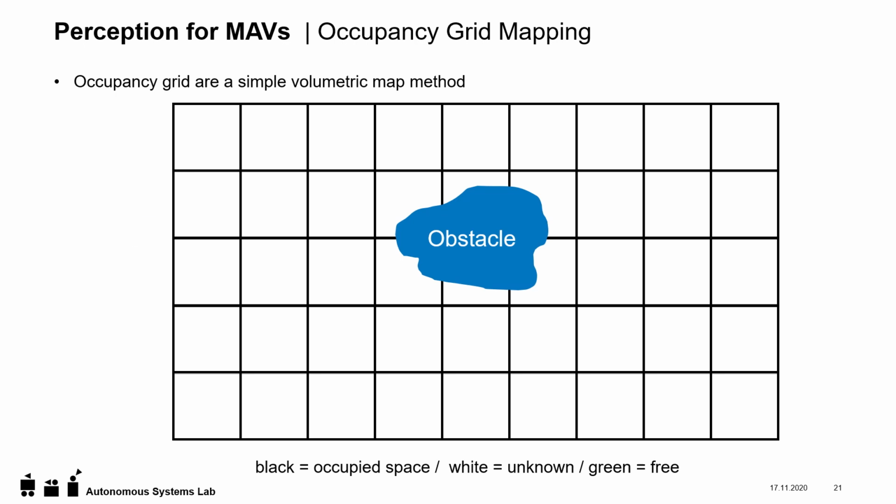So in this example, we have this blue-shaped obstacle in the middle, and all the white boxes are still unknown. Now, if you have some sort of sensor, for example, a laser that provides us one point, or a stereo camera that provides us thousands of points, or a LiDAR, we can start to keep the map accurate and up to date.